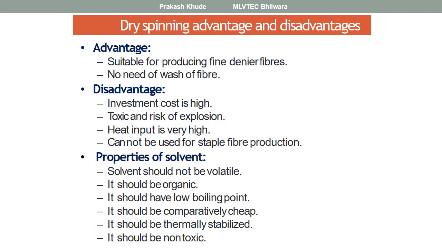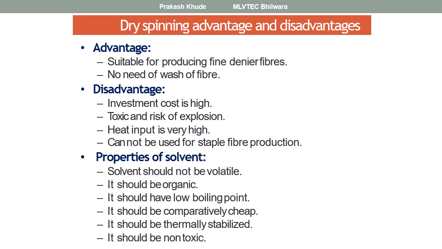The disadvantages are that the investment cost is high, there is toxicity and risk of explosion because we use hot air, the heat input required is very high, and it cannot be used for staple fiber production.